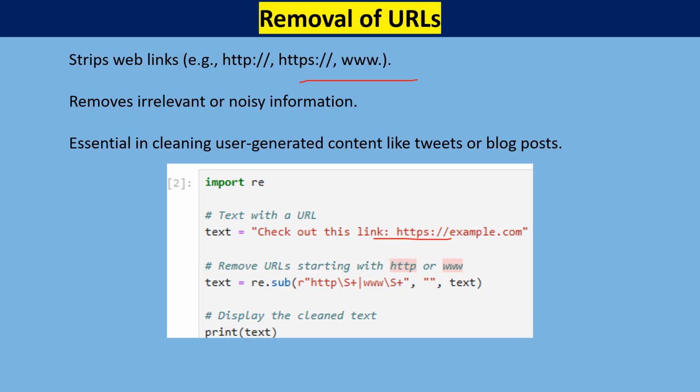The regular expression matches any substring that starts with http or www, followed by non-whitespace characters. It helps in removing the most common URL formats. These steps simplify the text and improve the performance of downstream tasks.